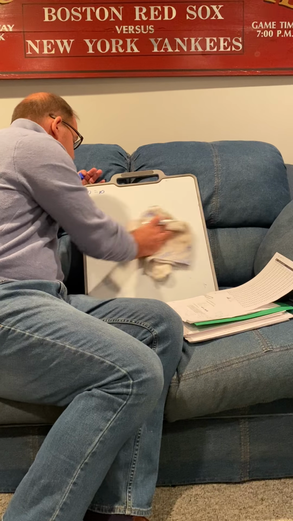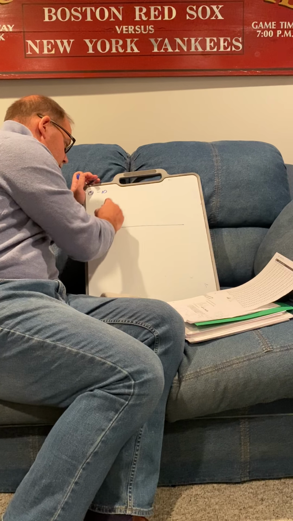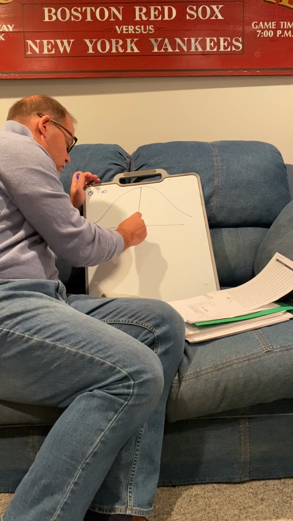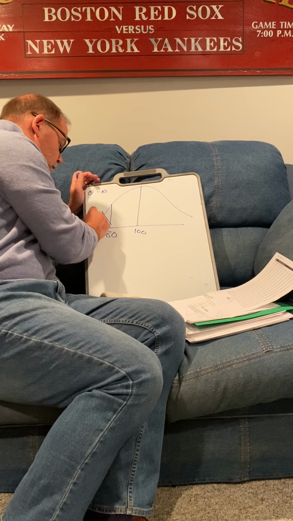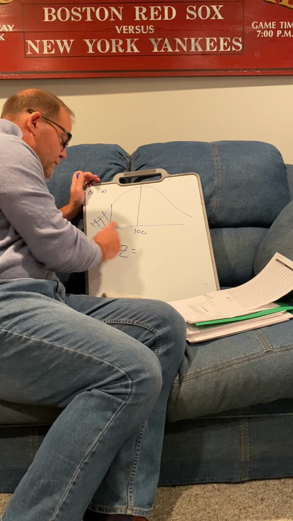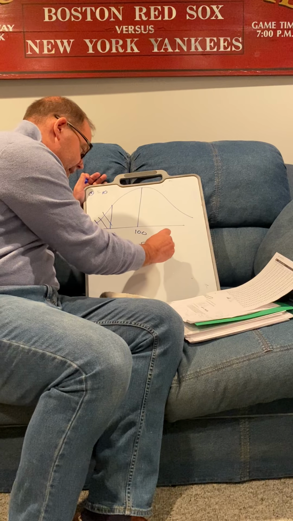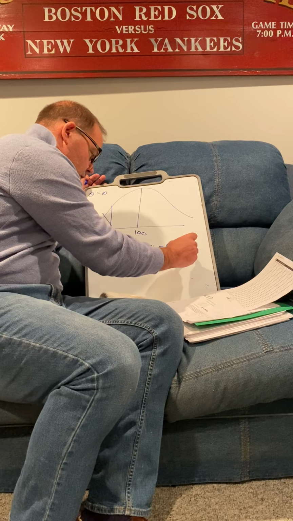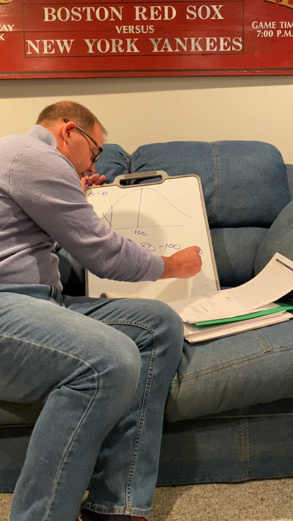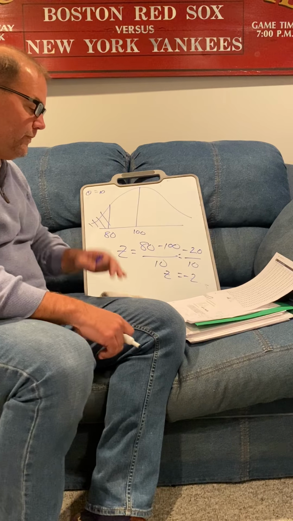So in both of those problems, we were finding greater than. In number 3, the probability that your IQ score is going to be less than 80. This time we're shading to the left side. 80 minus 100 divided by 10, negative 20 divided by 10, is going to be a z-score of negative 2.